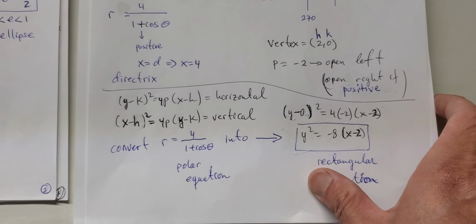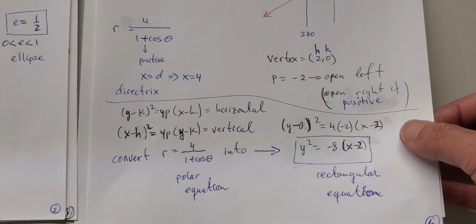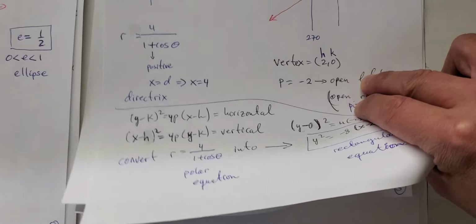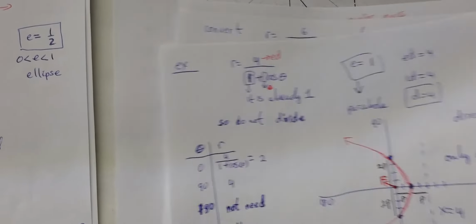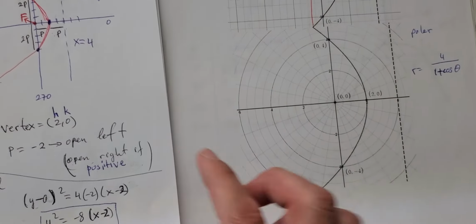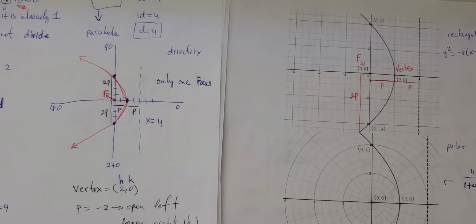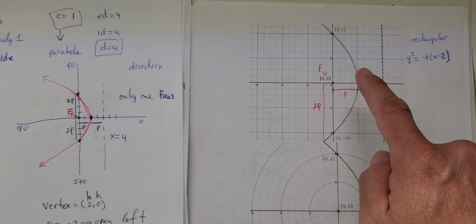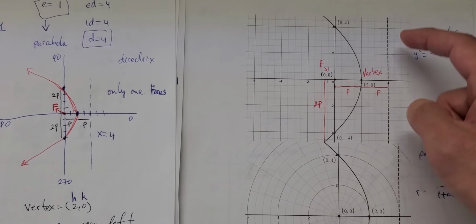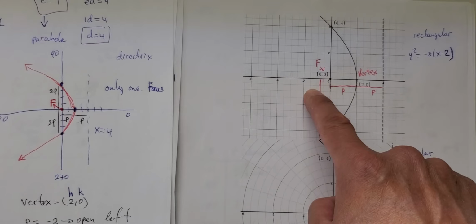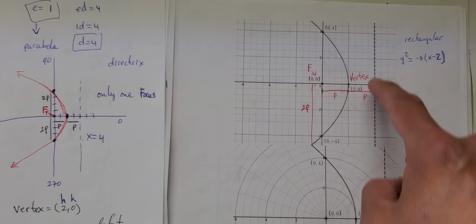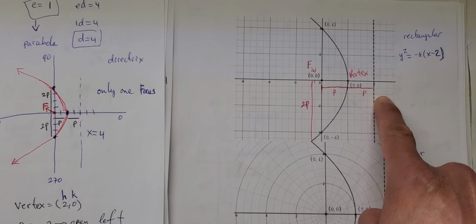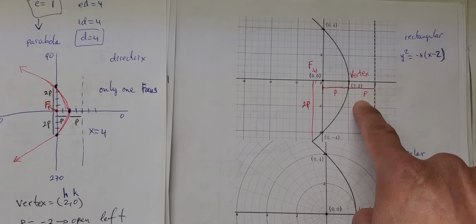Now let's look at a better graph so that it's easier to see and understand. What I had before were just approximations. Here is a better graph. Here's my directrix, and the distance from the directrix to the pole is 4 units. Here's my vertex and here's my p.